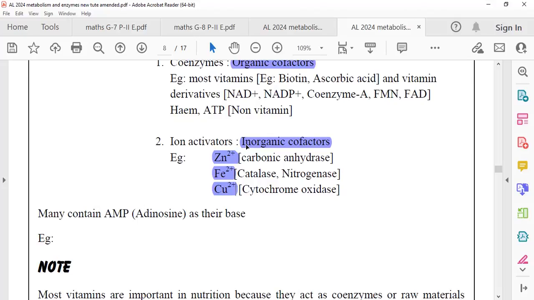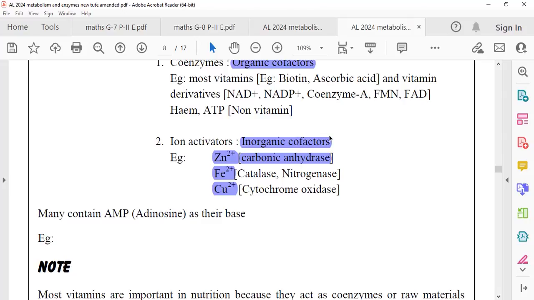From the syllabus, I have picked these enzymes. What is the enzyme using Zn2 plus as ion activator? Carbonic anhydrase.